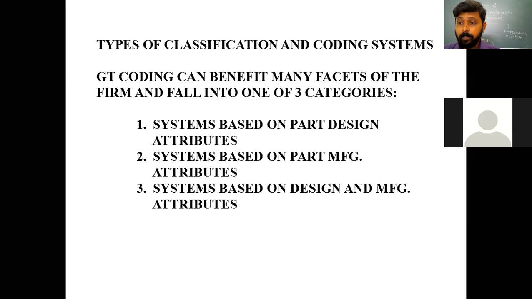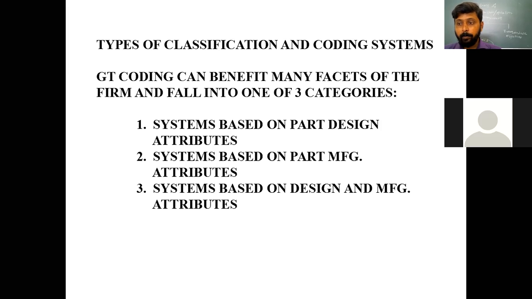The second type of system considers manufacturing attributes, as we discussed earlier in production flow analysis. So what type of machining is going to be carried out on this particular product, we have to have knowledge of that. And the third system, which is very crucial, has design plus manufacturing attributes together.